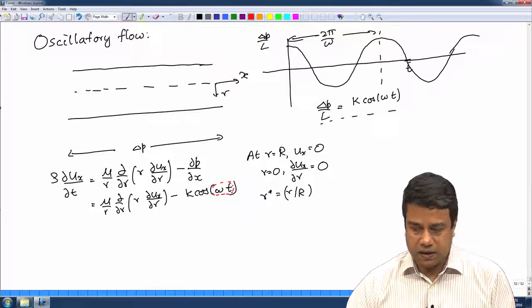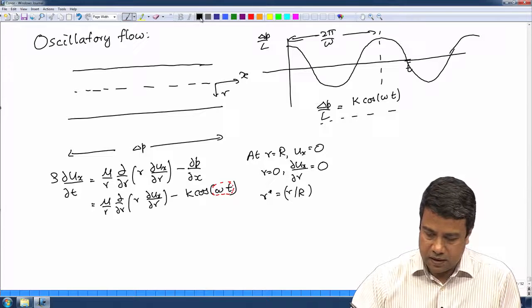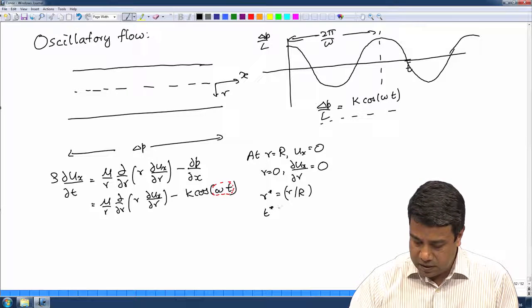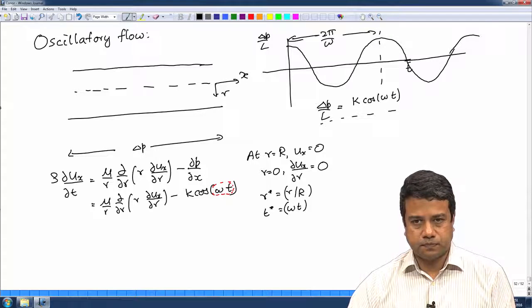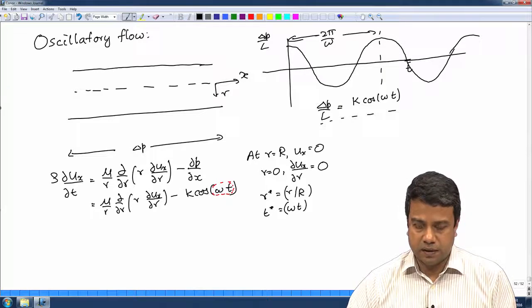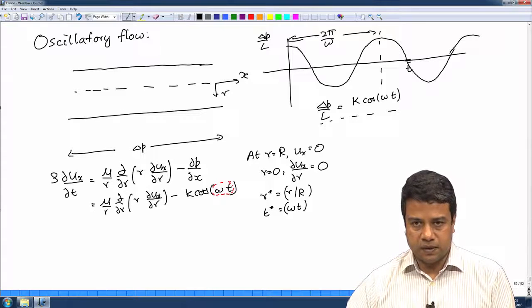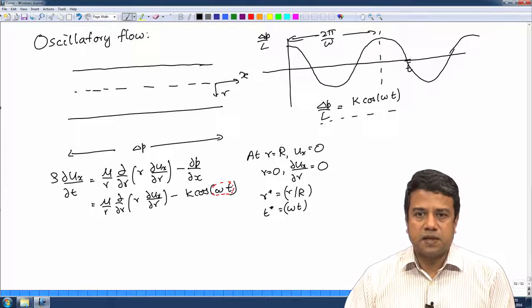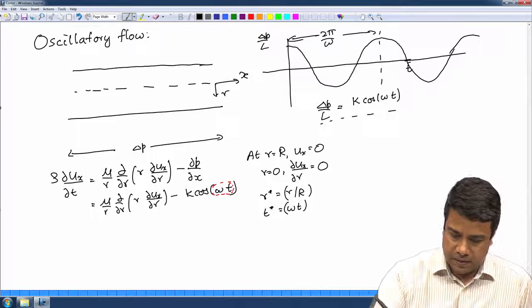Therefore, I can define a scaled time t star is equal to omega t. What do I scale the velocity by? It is not yet clear at the present juncture.